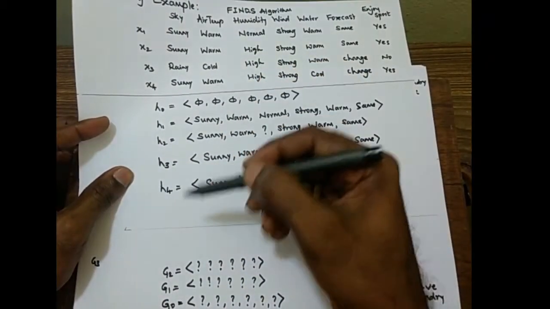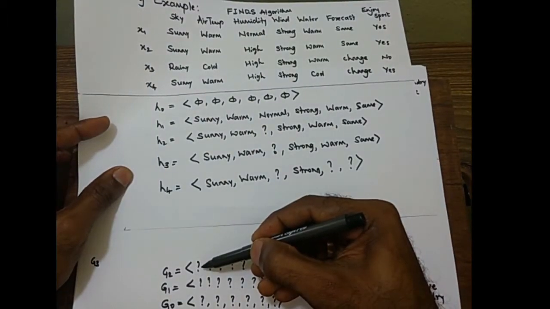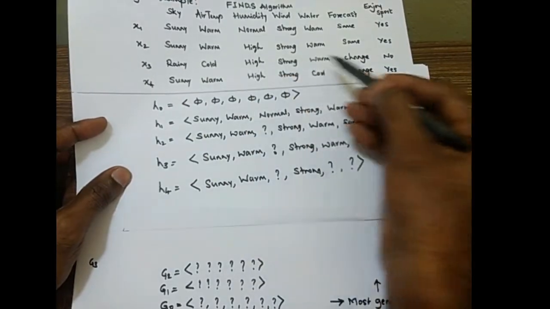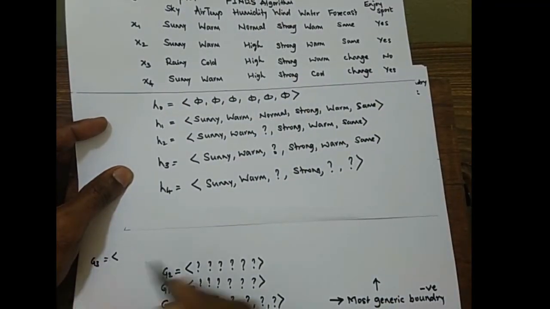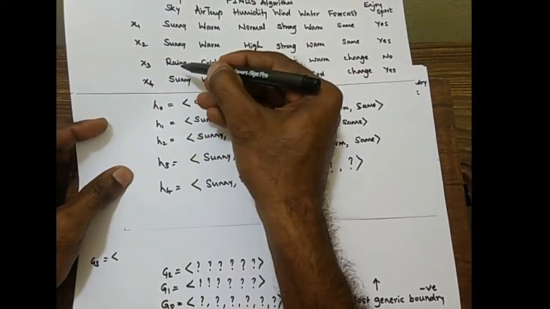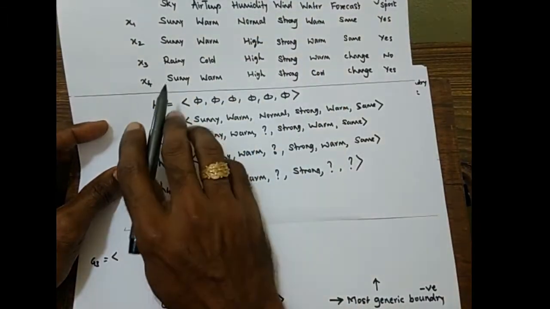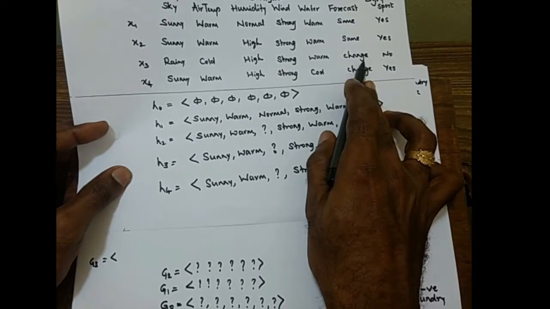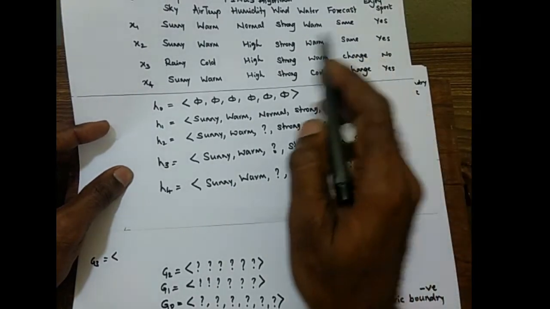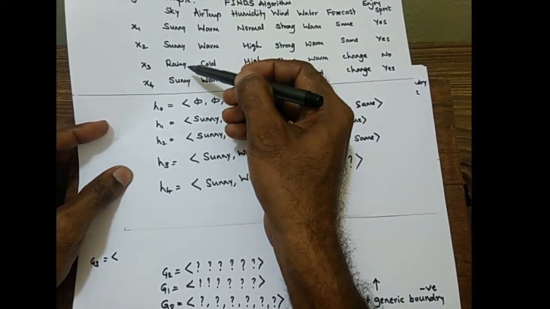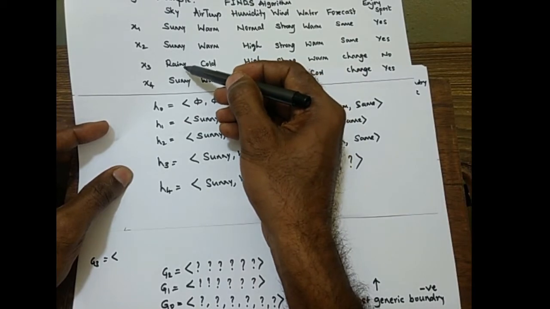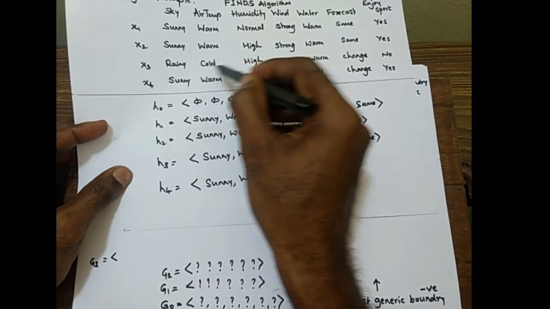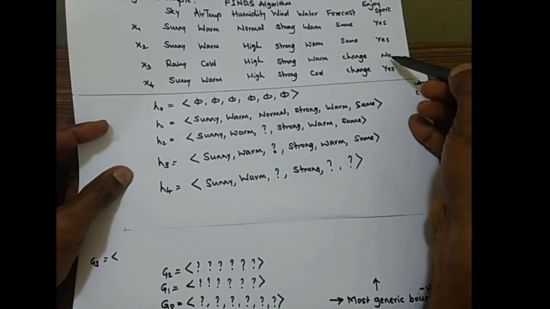Let us take the first question mark, and that needs to be compared with X3. So G3 will be the question mark compared with Rainy. If we want to show this training example as negative, then we need to find an attribute value which is opposite to Rainy and which can classify this one as negative.